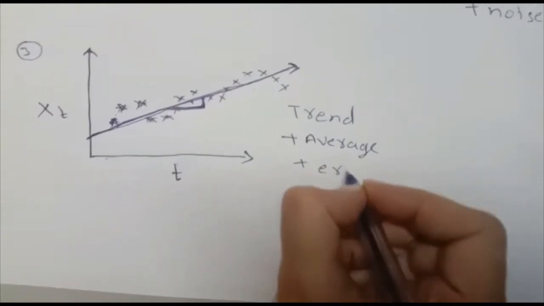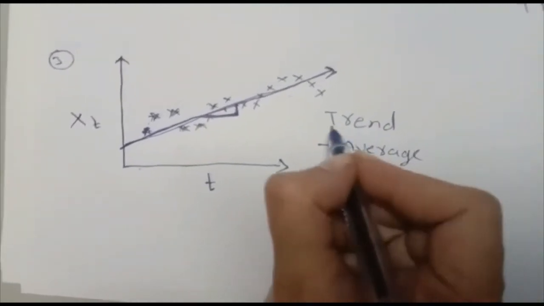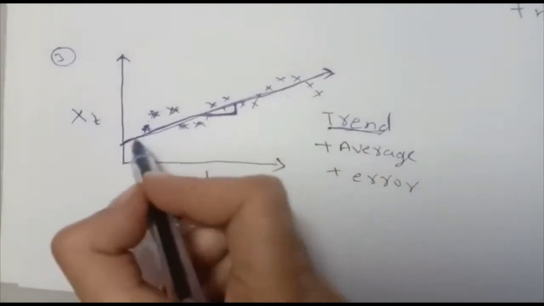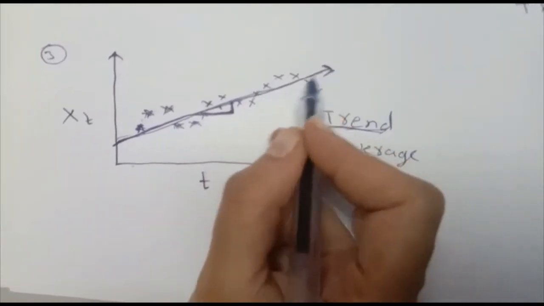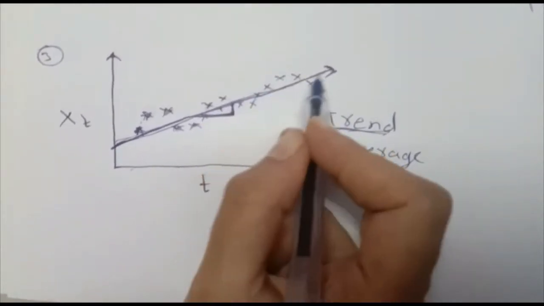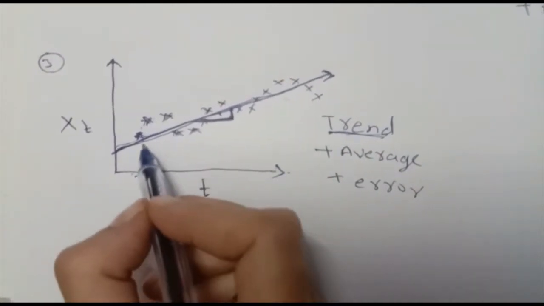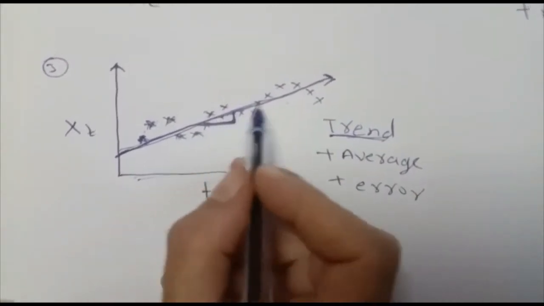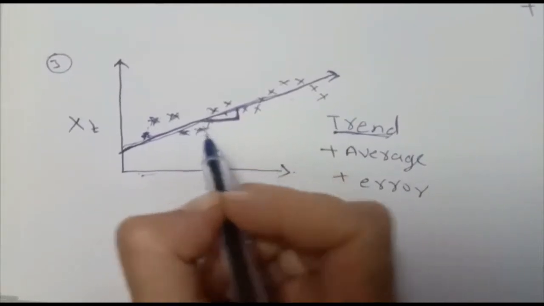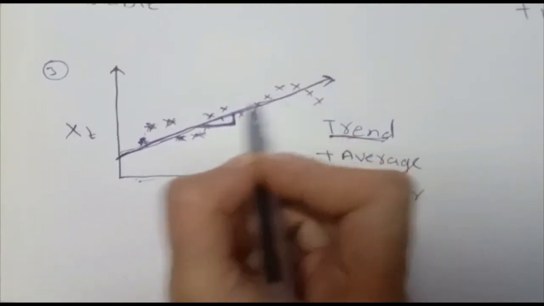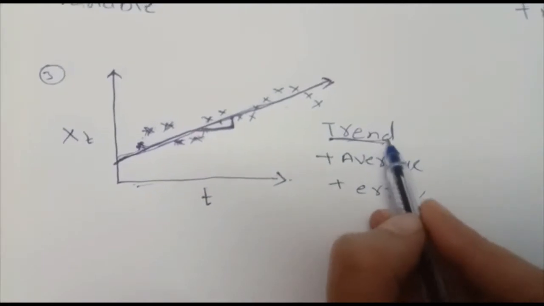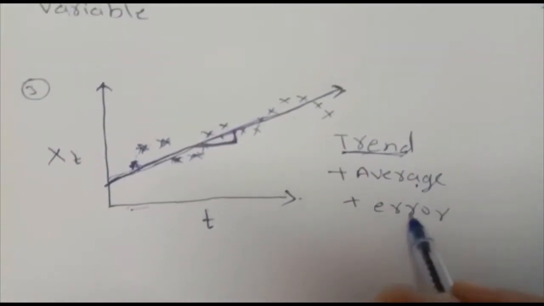So this is known as a trend. There is some trend we are seeing. What is the trend in this case? The value of demand increases as time increases. It is not increasing in a constant manner, but it is increasing. There are some error values, and we are taking the average of changing demand. So in this case, trend plus average plus error.